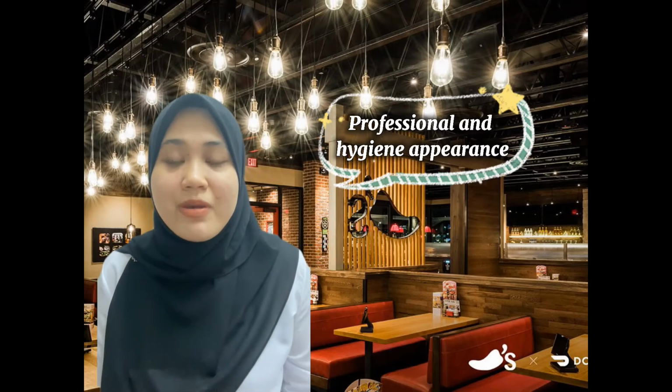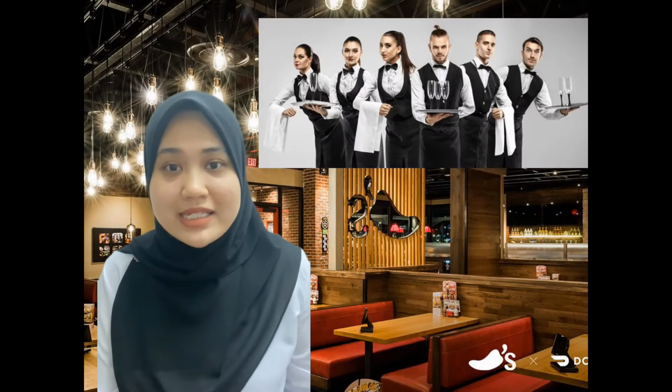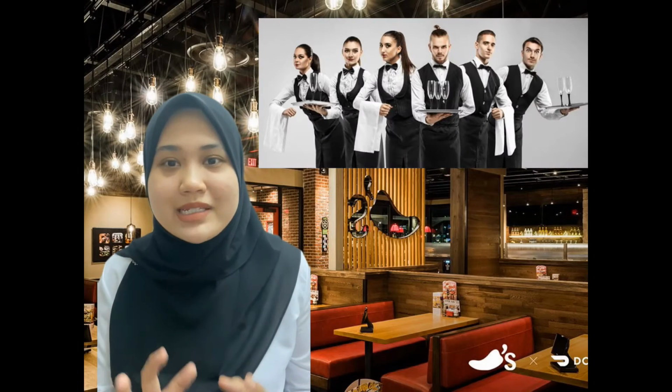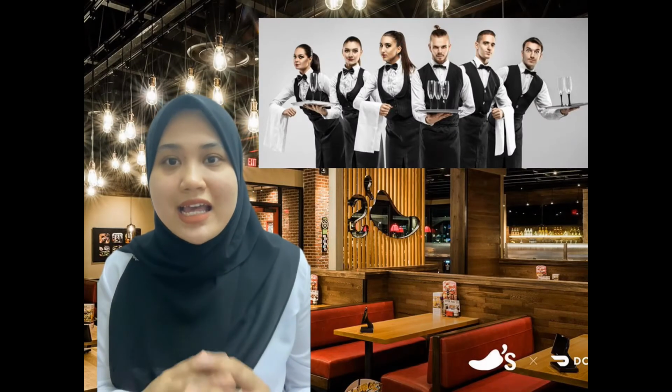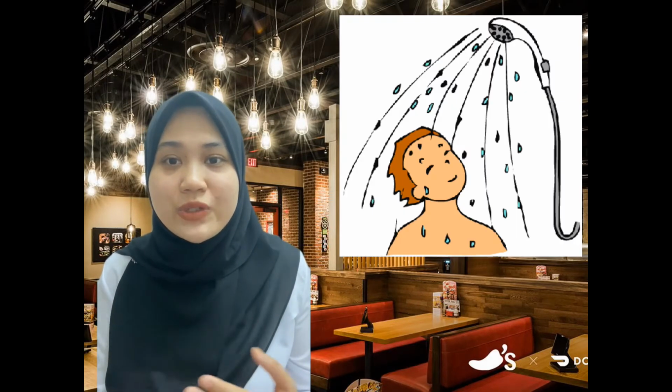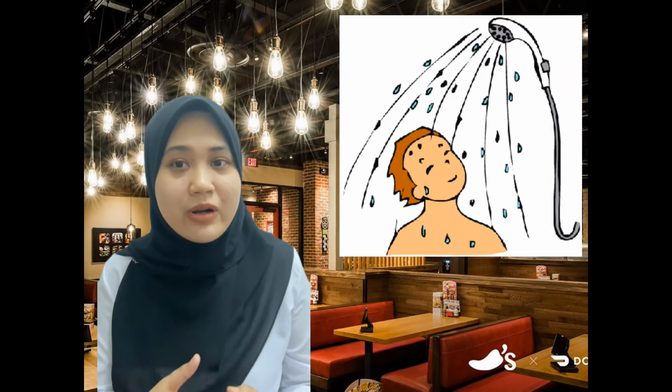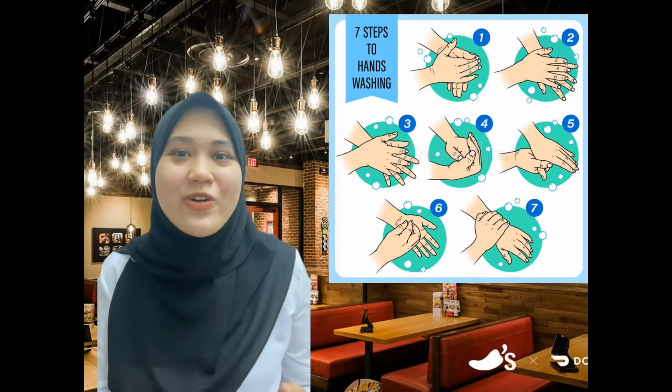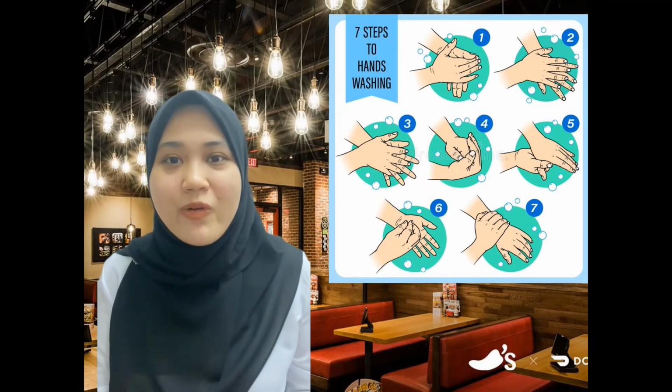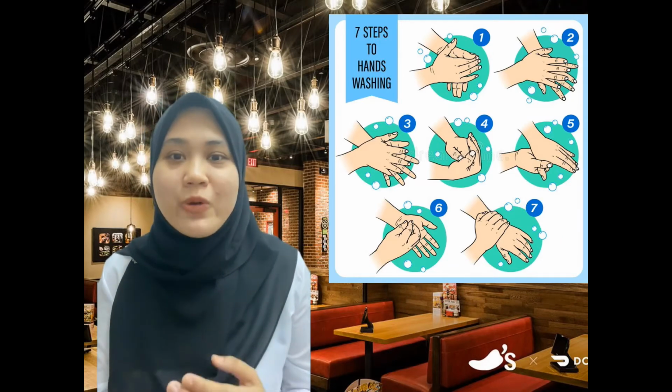So, as F&B staff, we need to practice good personal hygiene. We can see in the picture, this is good personal hygiene as a server. Okay, firstly, staff should bathe daily and should use deodorant but not too strong. Second, always wash your hands before and after starting work, after using the restroom and smoking.